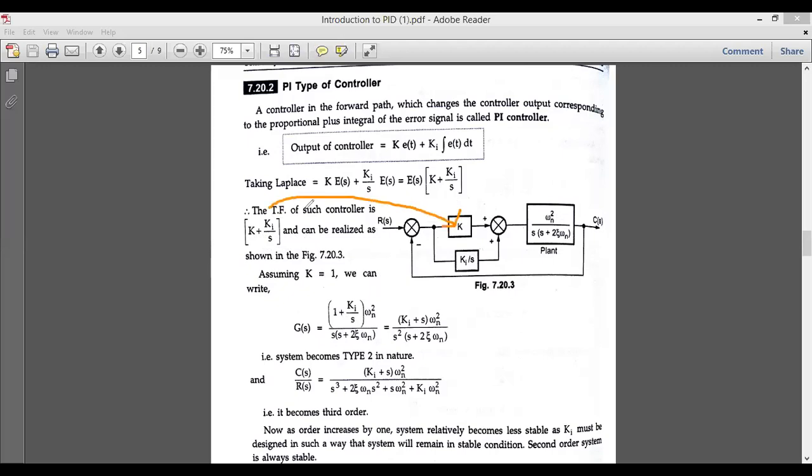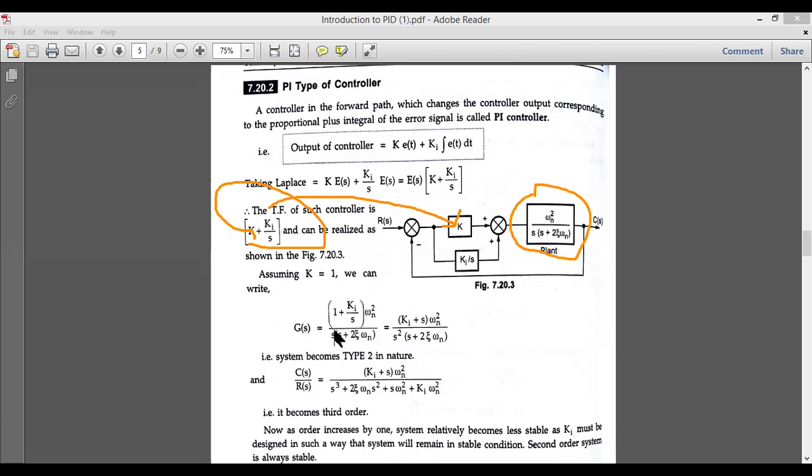If I multiply this bracket with this block, because these two blocks become in series after reduction, then we will multiply. So G of s is equal to 1 plus Ki divided by s multiplied by omega n square, whole divided by s multiplied by s plus 2 eta omega n. So this is my G block.